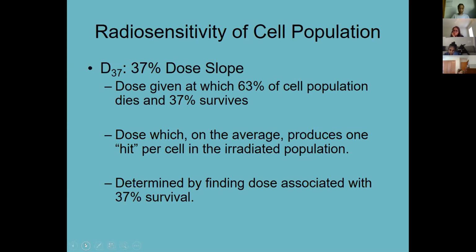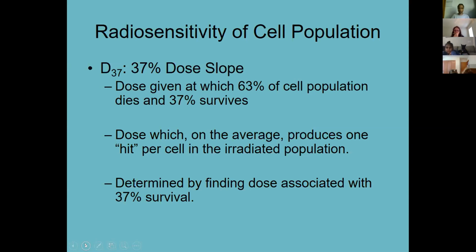So D sub 37 is the dose at which 63% of the cells die and 37% survive. And it's very easy to determine.